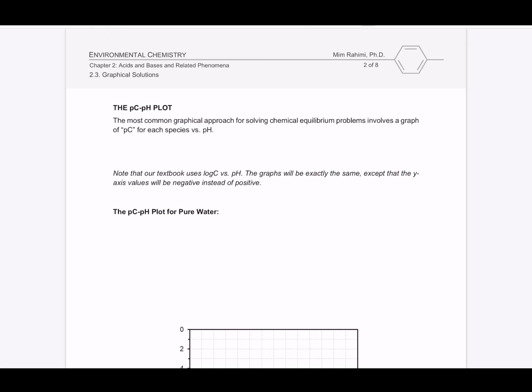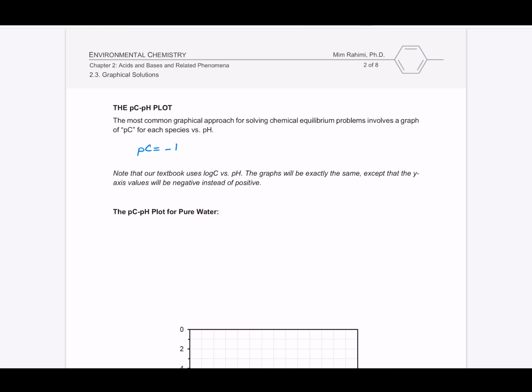So basically, on one hand, we have the concentration as a function of pH. But instead of concentration itself, we're using the p term, p of concentration, as we did for the proton, translating that to the pH of the solution. So what we have for pC is basically the same as pH.